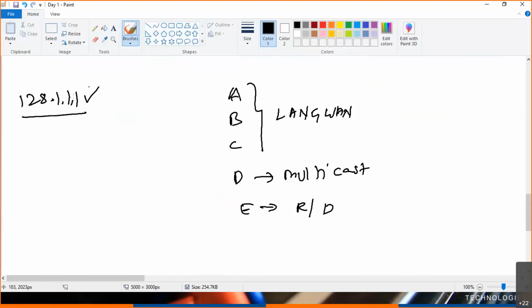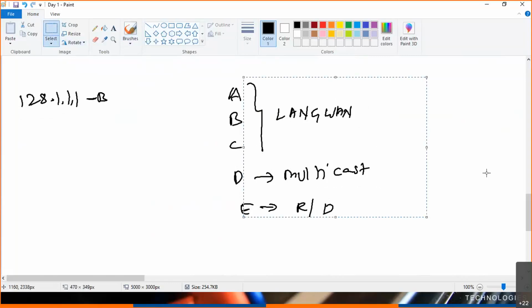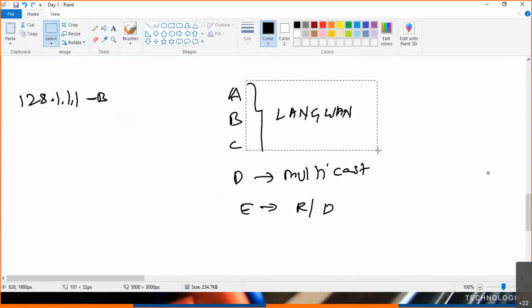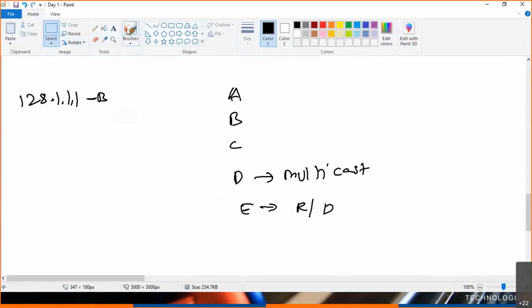128.1.1.1. Which class does this IP belong to? Class B. Okay, before that, tell me the ranges of the classes. What is the Class A range? 0 to 127. Class B range? 128 to 191.